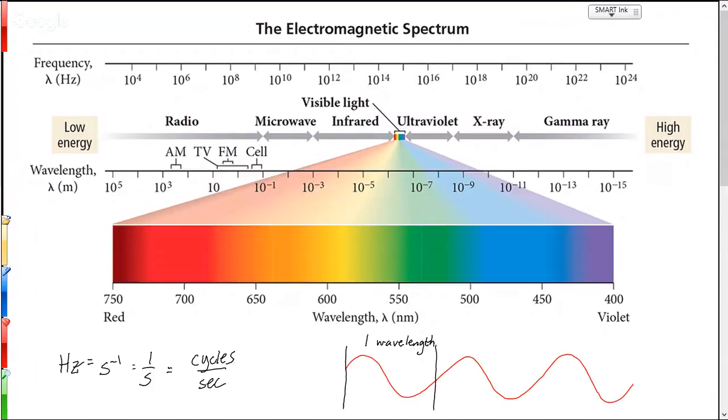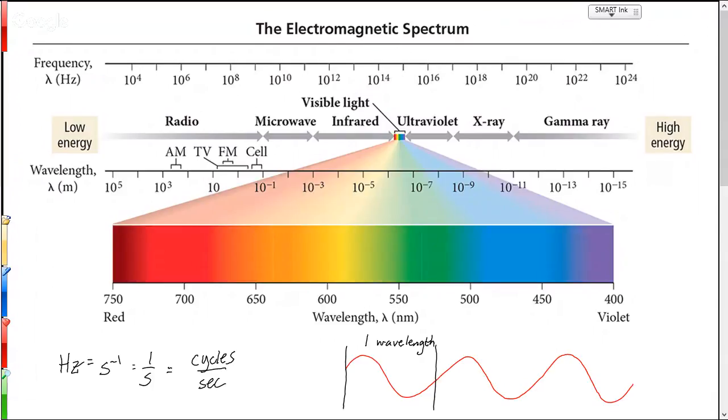All right, so let's think about what that means. If you've got a wave going like this, and you're trying to measure how many times the peak is crossing a certain spot each second, if the wavelength is longer, is the frequency going to be smaller or greater? In other words, if it's a longer distance between peak and peak, are there going to be more peaks crossing every second or fewer?